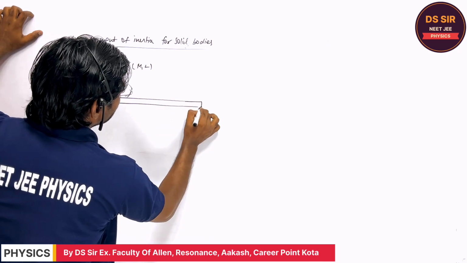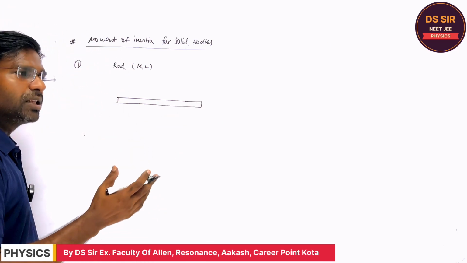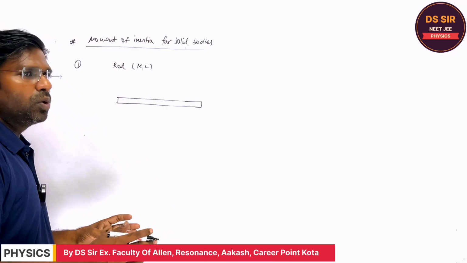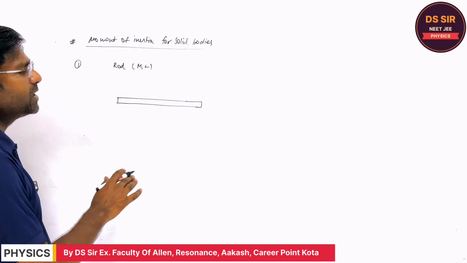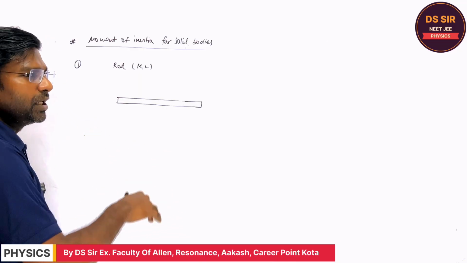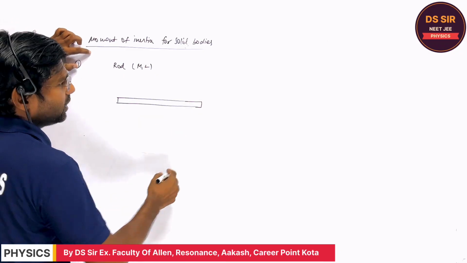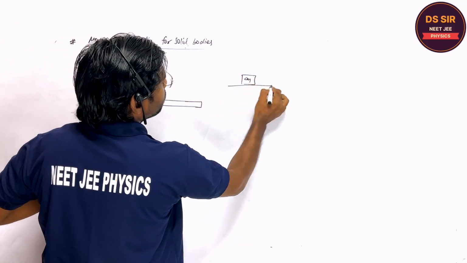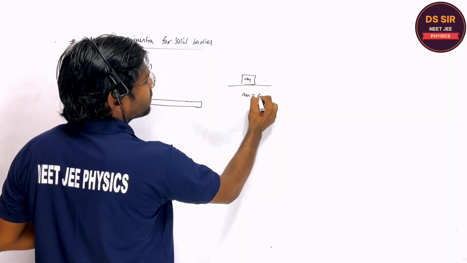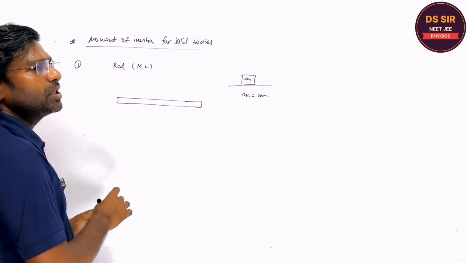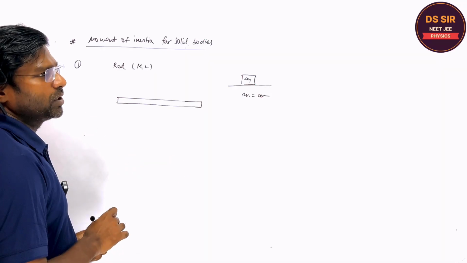Listen one thing. As I told you, the moment of inertia is nothing but the inertia in case of rotational motion, which plays the same role as the mass or the inertia in case of translational motion. In translational motion the mass remains constant, but rotational inertia can change if the axis of rotation is changed.